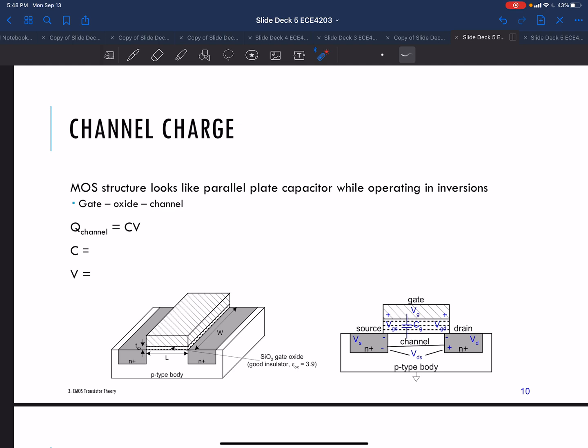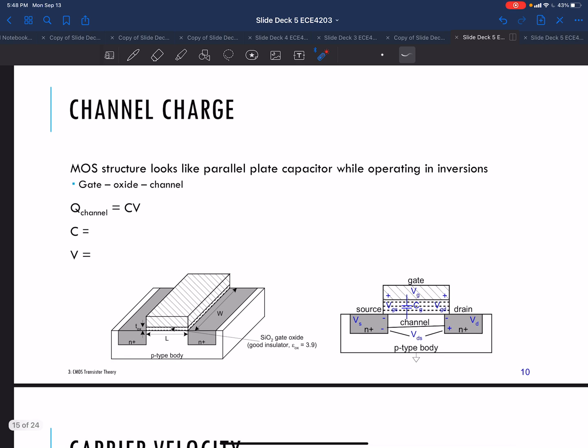So this is a real first level calculation of what this looks like. The charge of this channel is described by a pretty basic equation: the charge is the capacitance times voltage, if you just look at the charge on a capacitor. We know the capacitance, and we can calculate the voltage, but let's take a look at what these different values are. If you just think of the channel, the capacitance is pretty much the capacitance of this gate oxide.